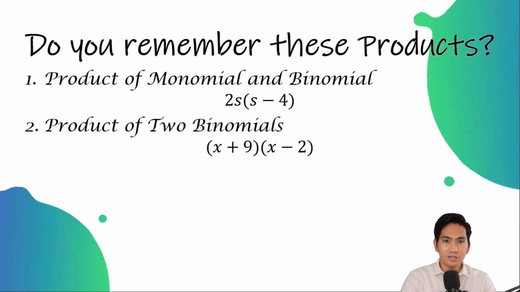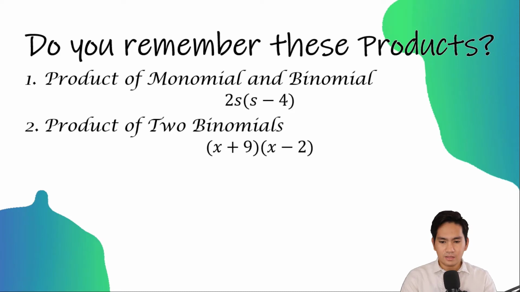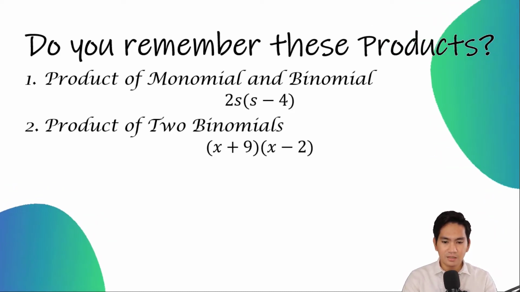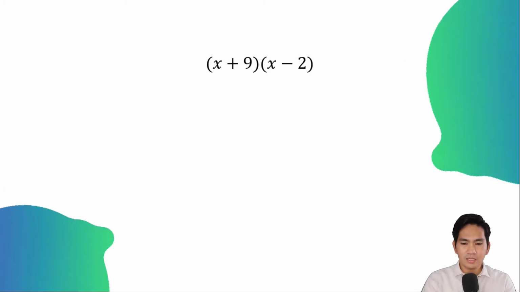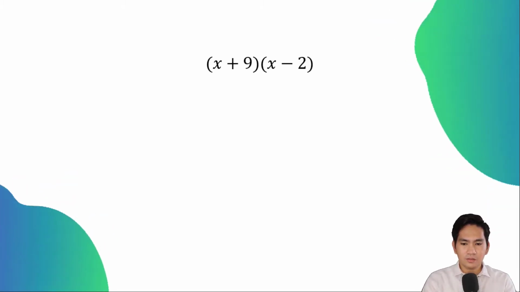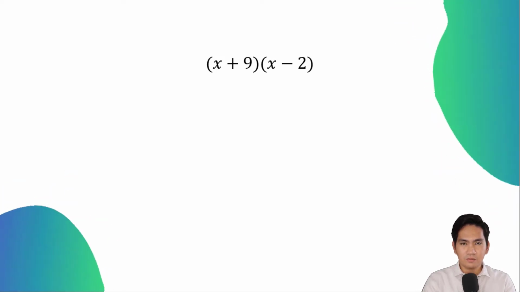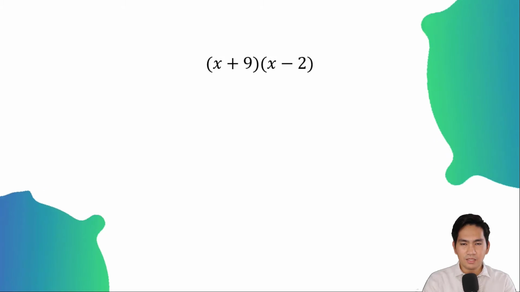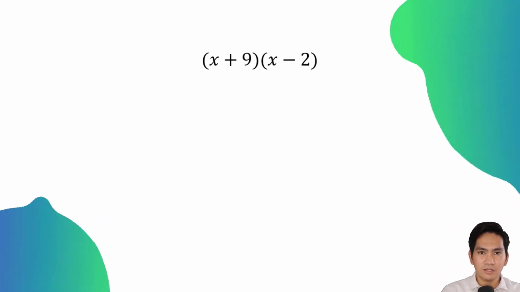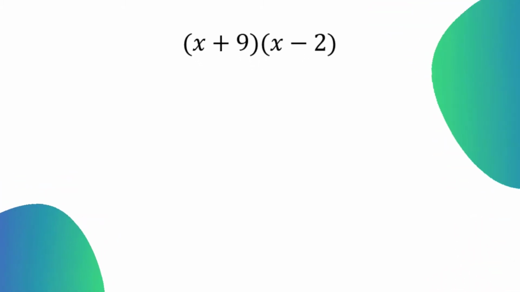Number 2. Product of two binomials. The quantity of x plus 9 times the quantity of x minus 2. Multiplying two binomials, we have to distribute the first term in the first binomial to the terms in the second binomial, and then multiplying the second term in the first binomial to the terms in the second binomial.